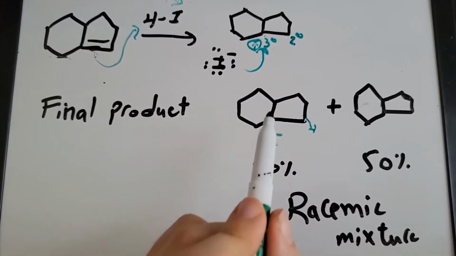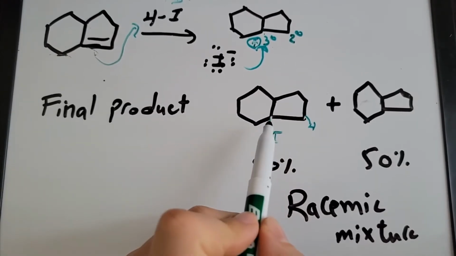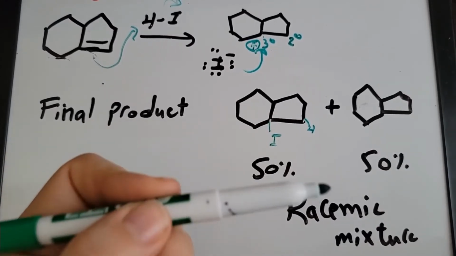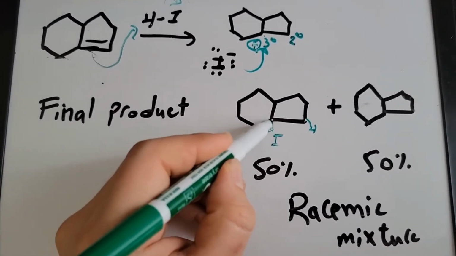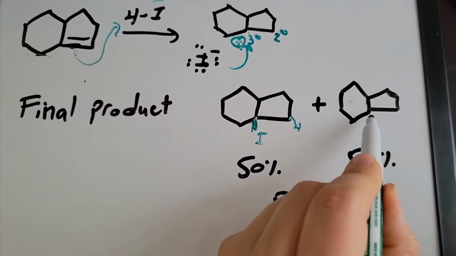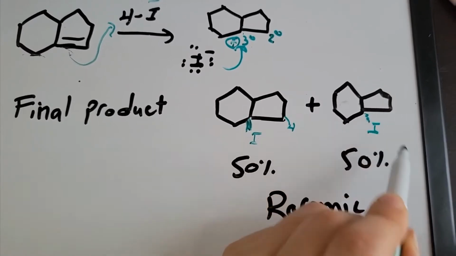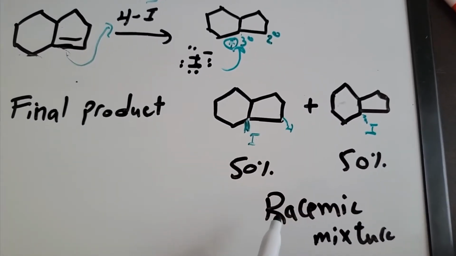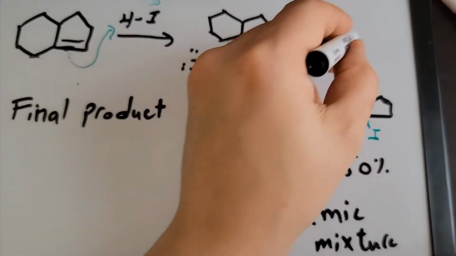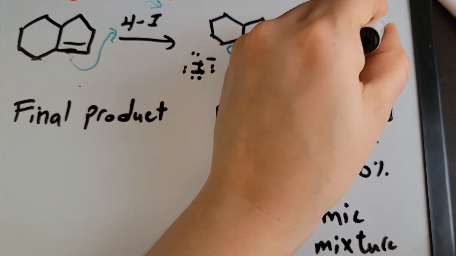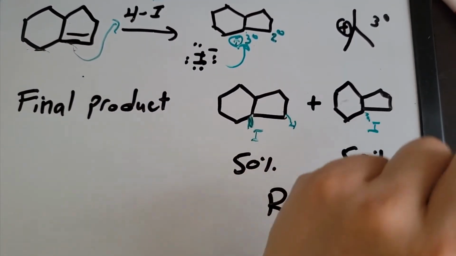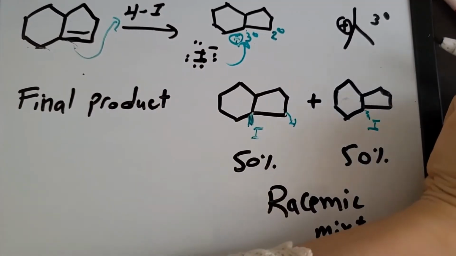In this case, we have two products. The first product is the iodine coming toward us. And the second product is the iodine going to the back of the page. The reason for that is that with the tertiary carbocation, the iodine can attack it from this side here or from the back of the page.